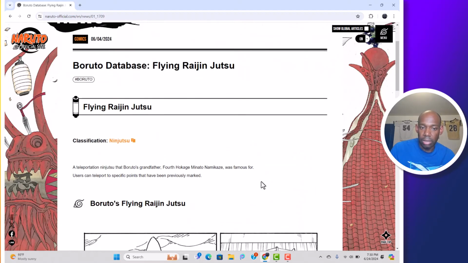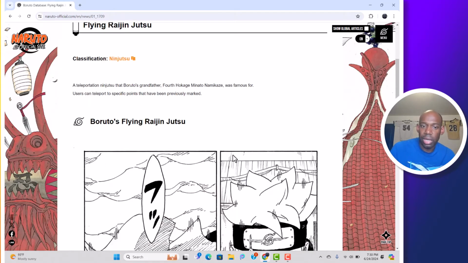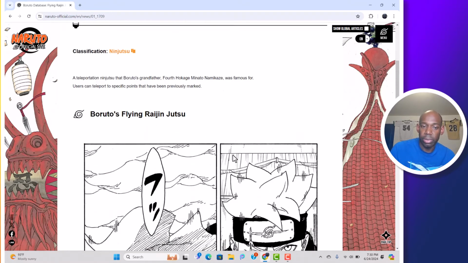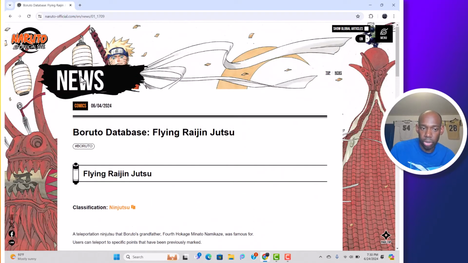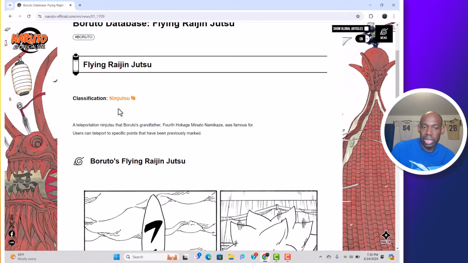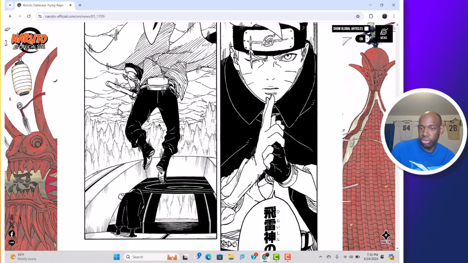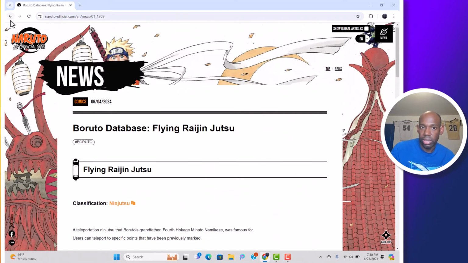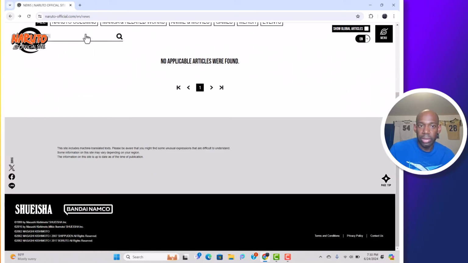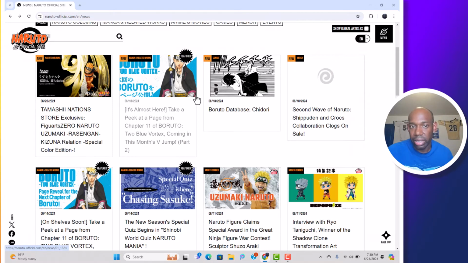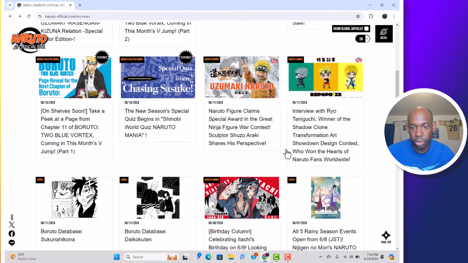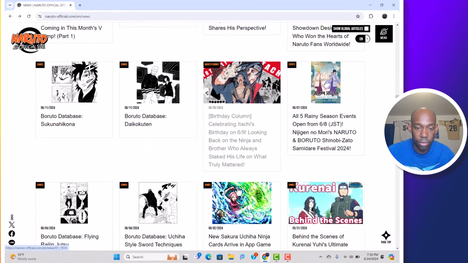But right here, they're saying it could be even a completely different jutsu, even though Boruto says flying Raijin in the manga, so it could be the same, but the database said it could be its own entirely different jutsu. So I wonder if they're going to come up with a different name for it then.